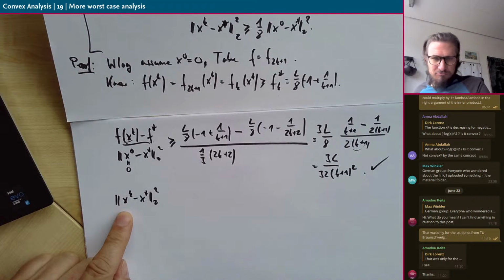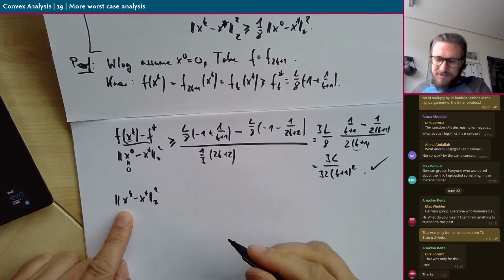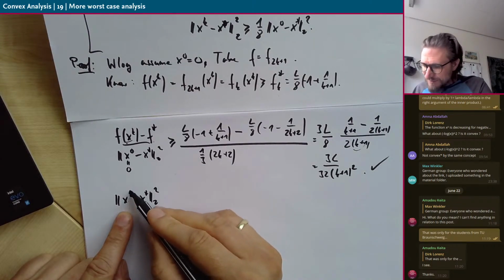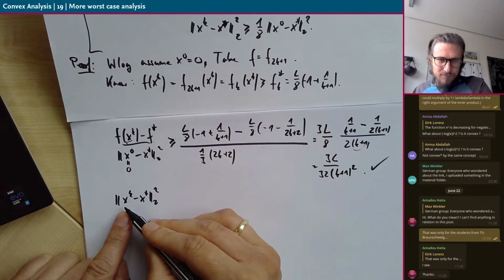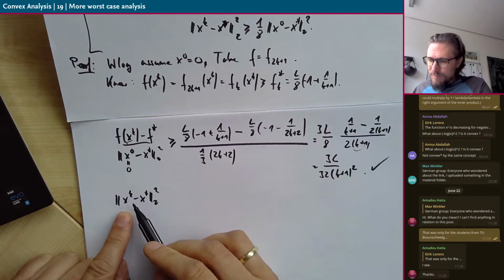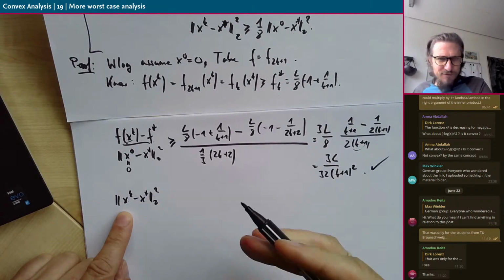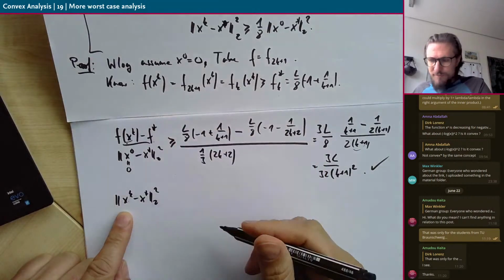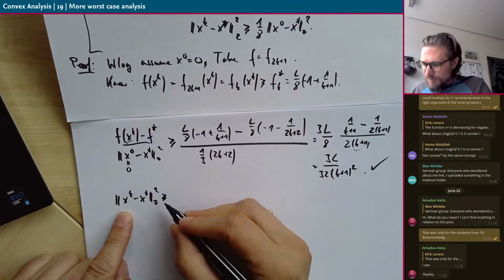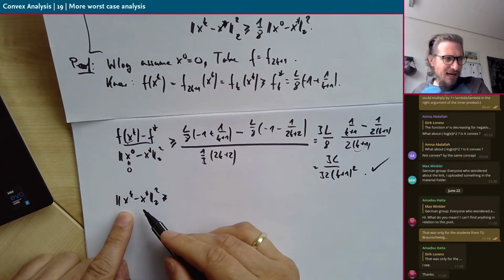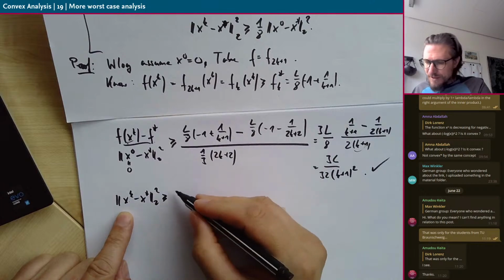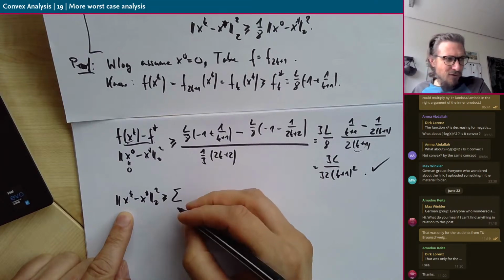We can't exclude this possibility, but we know that the last entries here are 0, and we know that the last entries here have the specific form we have up there on the paper. So we can estimate from below by just neglecting the first k entries in the difference and only summing up the squares of the last ones.